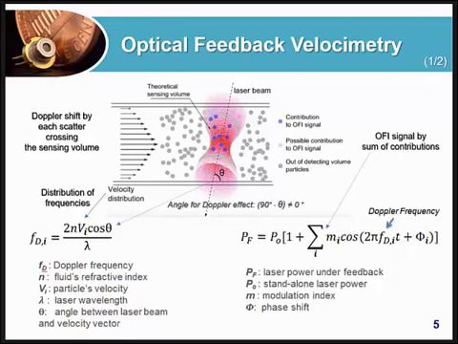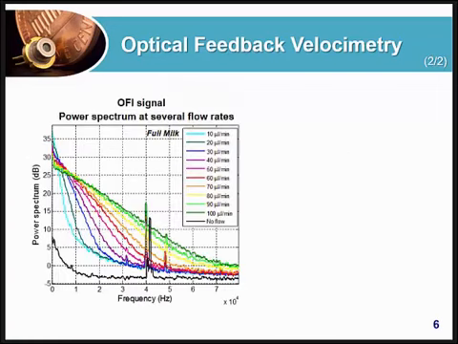The OFI signal is the sum of the contributions of each particle scattering the light, modulating the power of the laser. So as you can see, we have a distribution of frequency related to the distribution of velocity in the spectrum of the signal.